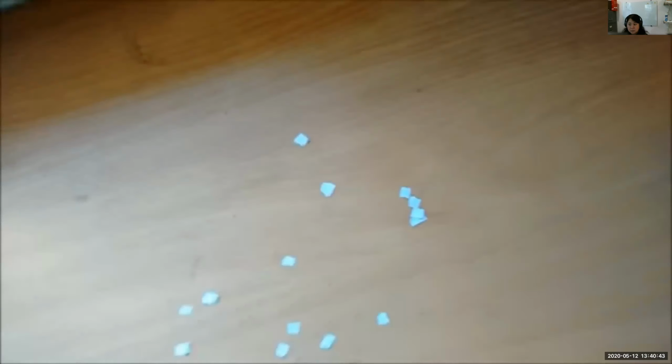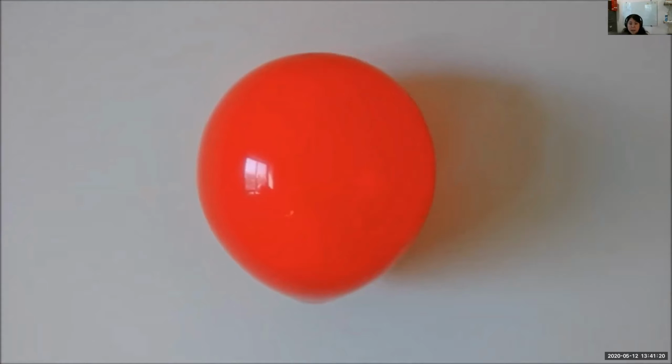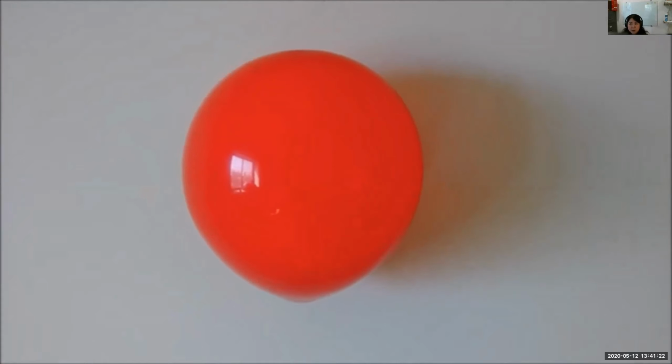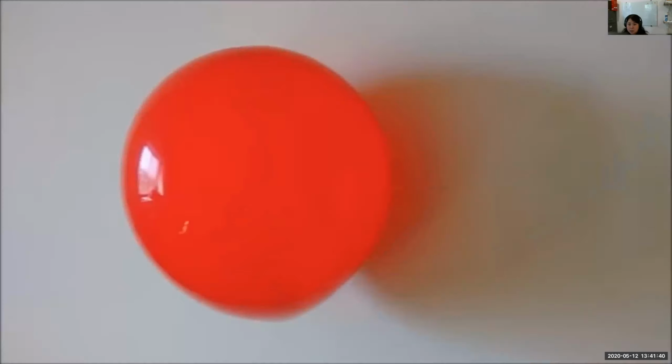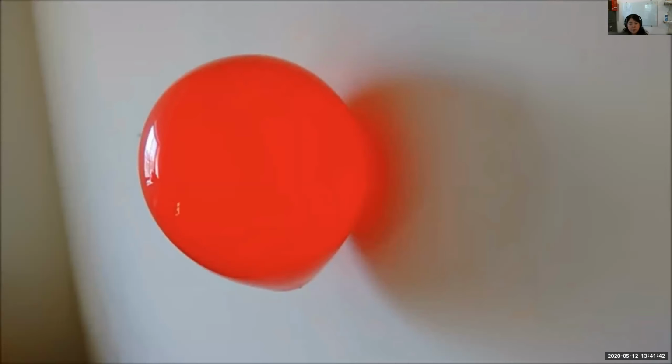Is the wall a conductor or insulator? Yeah, so the wall may have metal inside, but the surface of the wall is an insulator, right? And there's an attractive electric force that attracts the charged balloon to the wall, and the wall is electrically neutral.